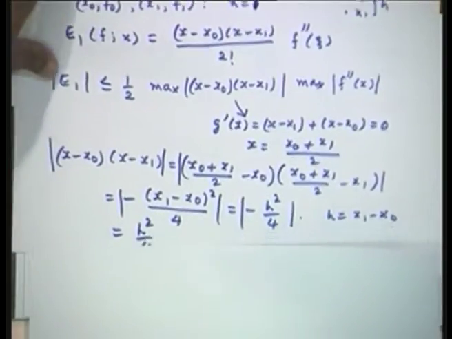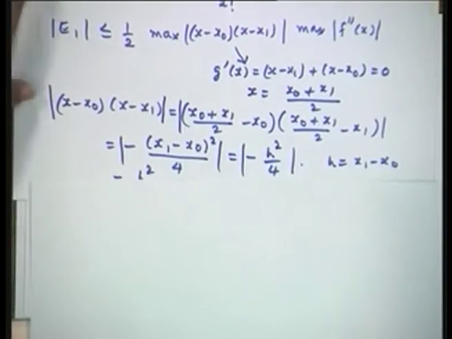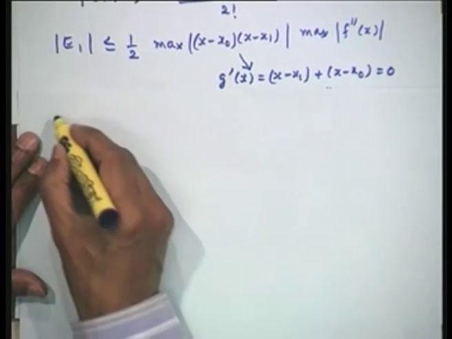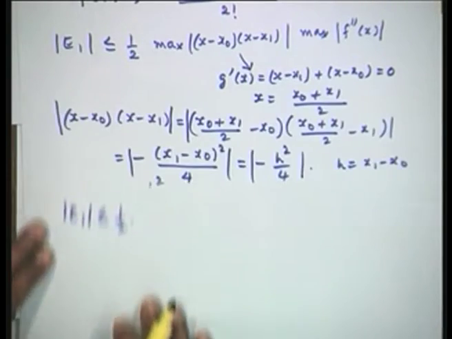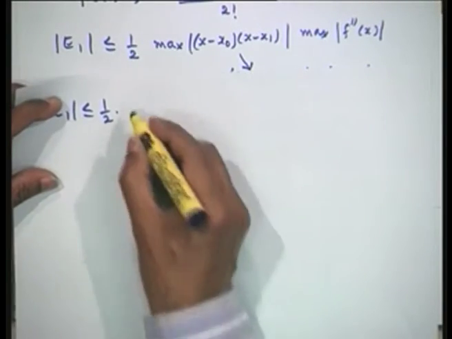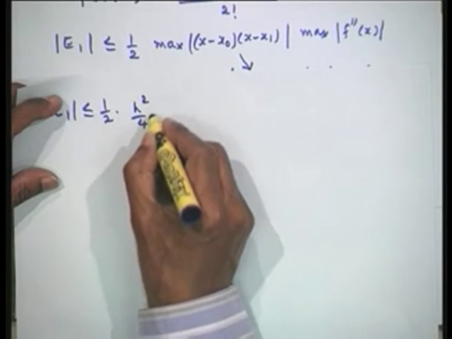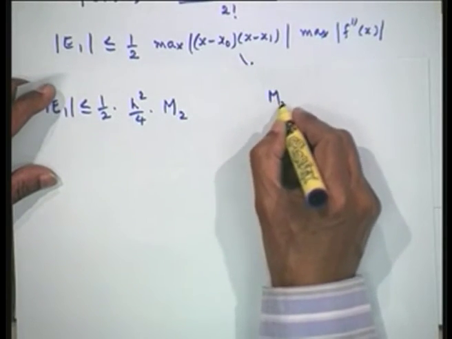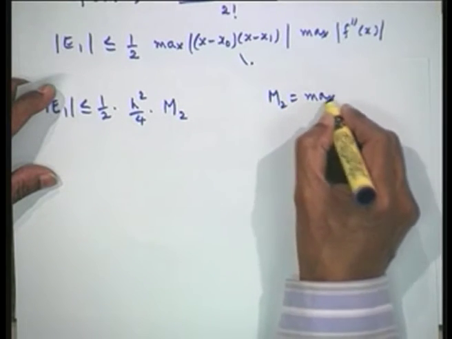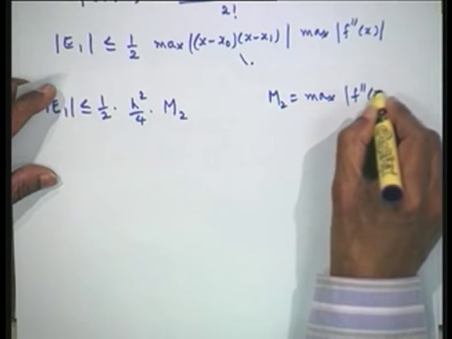Therefore, let us put back this value in this expression. So, magnitude of E1 is less than or equal to half, this is h square by 4, and let us denote this by M2. I will denote M2 as maximum of f double dash x.